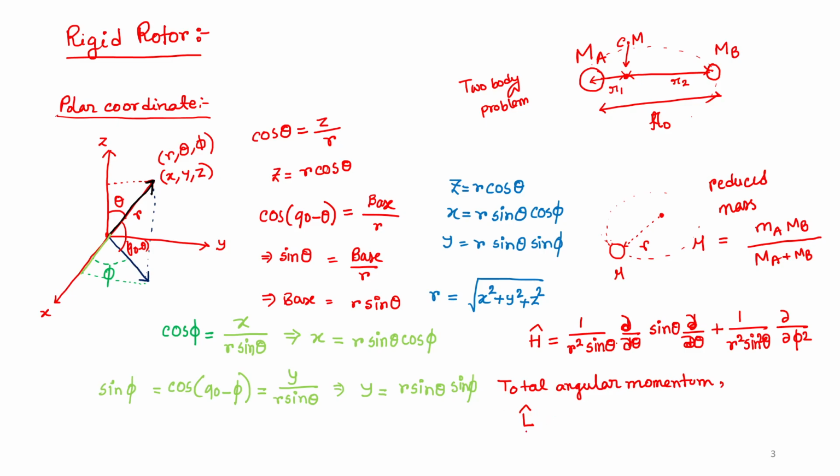If you think of it like this, what we know about the relationship between the kinetic energy operator and our linear momentum operator is that kinetic energy is something like p square by 2m, right?